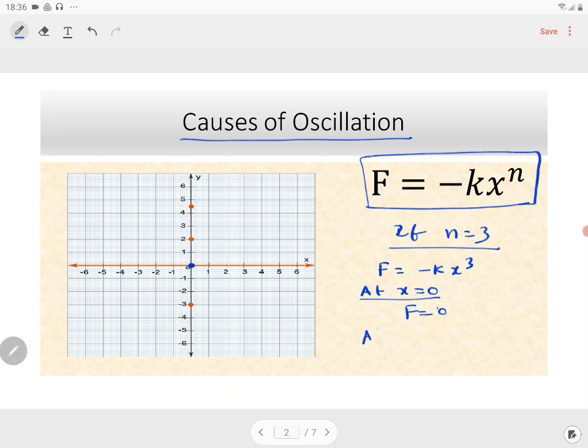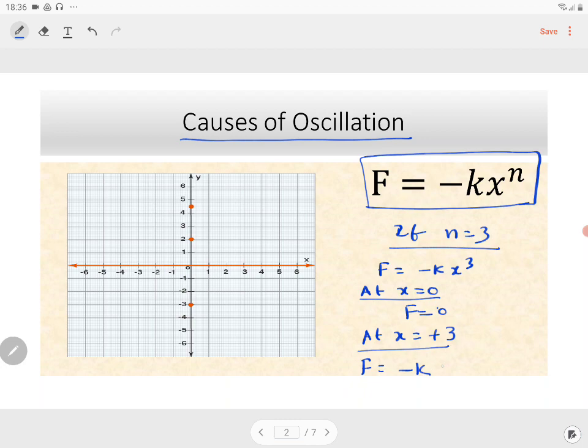Now I bring the particle to x = +3. At x = +3, what is the force acting on the particle?